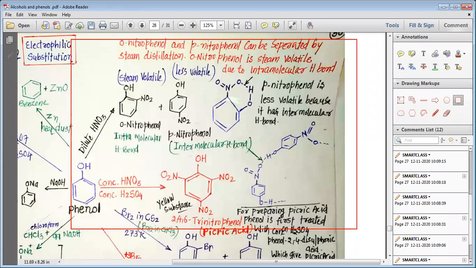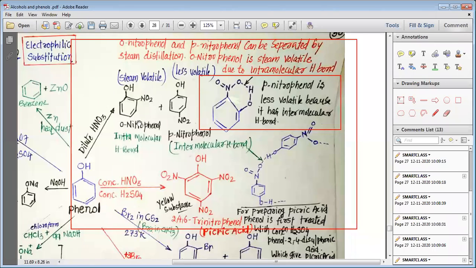You can see here that our ortho-nitrophenol has this kind of H bond between the nitro group and the phenol group.